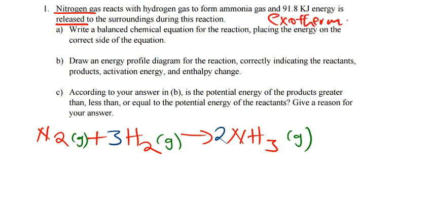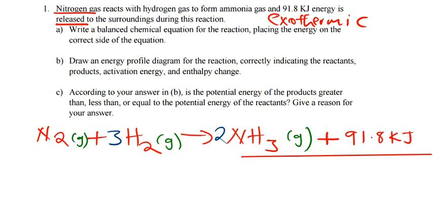Okay, so there are 2 ways of presenting this based on the way the question is asked. When it's exothermic, it means energy is being produced, right? Which would make it a product. So we can add it on the right side of the equation, plus 91.8 kilojoules. This is more like a product.